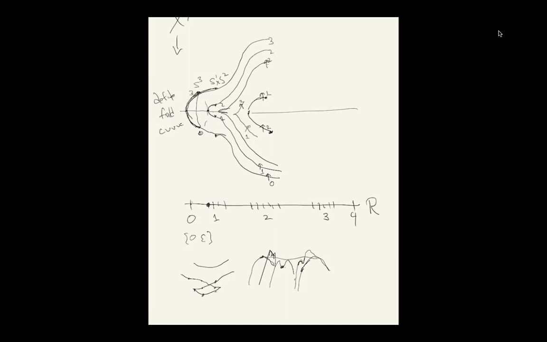So I want to do that. And so to avoid going to a new screen, I'm just going to erase this guy right here and replace it with a swallowtail. So it goes down like this, and back like that.